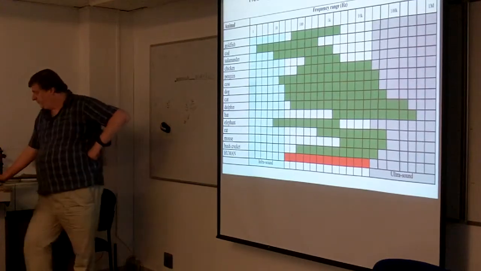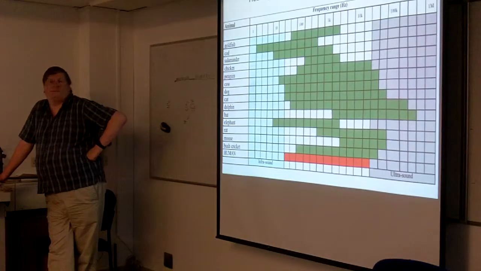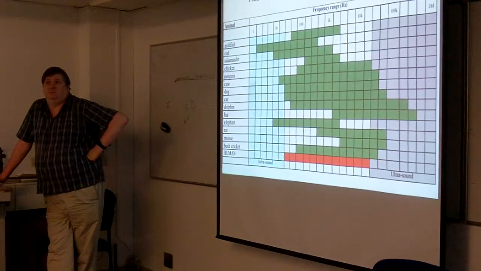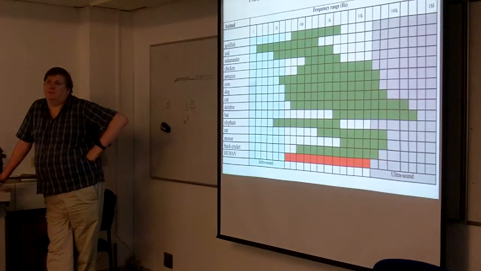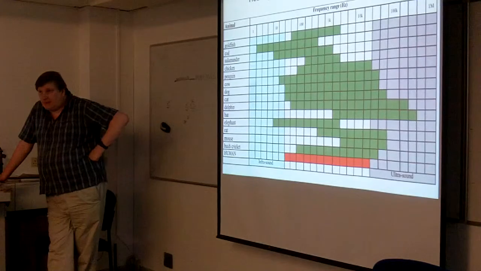I just have a kind of not really scientific question. So these are the ranges that we can actually recognize, but does it have an effect? For example, if you hear infrasound, does it have an effect on us? It can do.